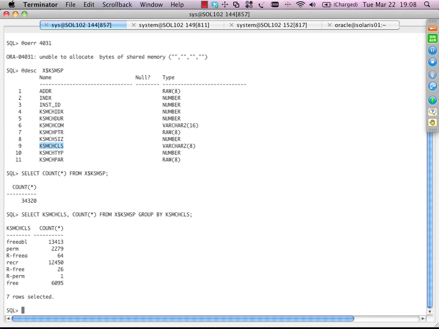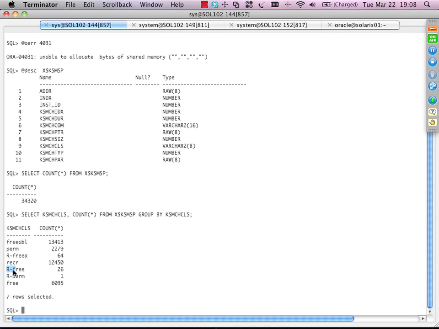All right. So when I run it like that, I see the number of chunks of memory in the shared pool, and I see that 6,000 chunks are free. Also 26 more chunks are free, but they reside in a special area called the reserved area.